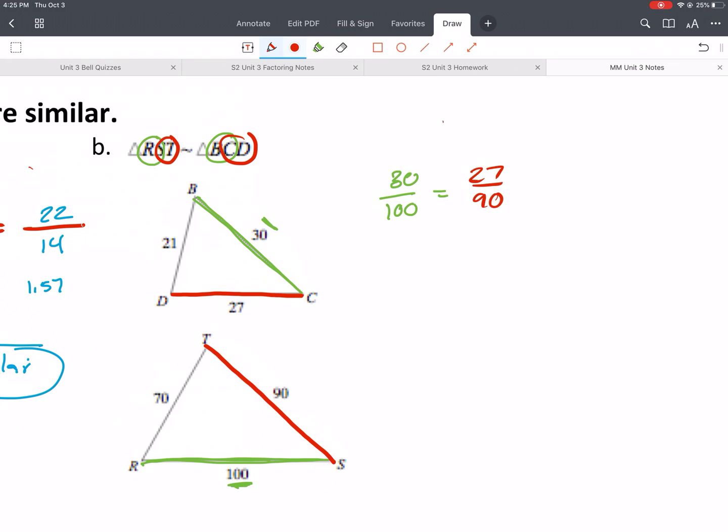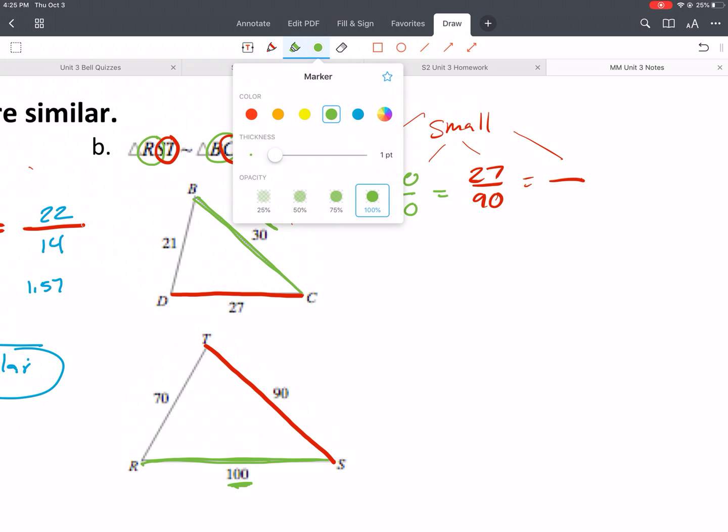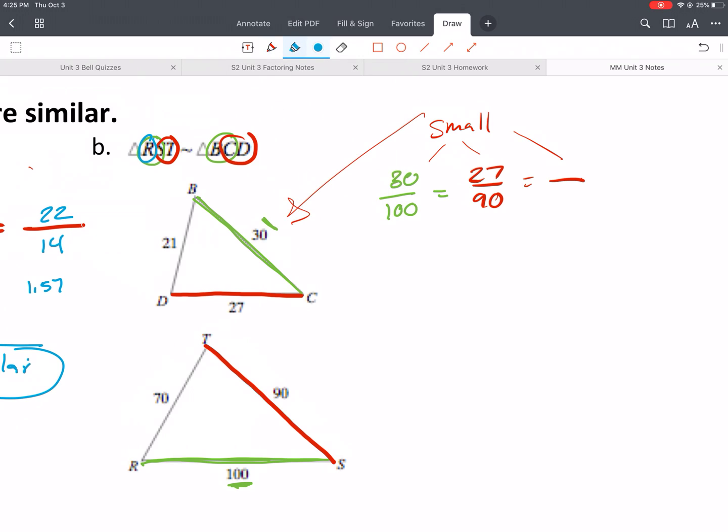Remember, if we're doing the small triangle on the top, we need to make sure that all three tops belong to that triangle. Then the last one, RT, which is 70, and BD, which is 21. So we do 21 over 70.